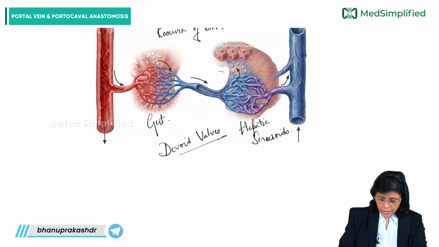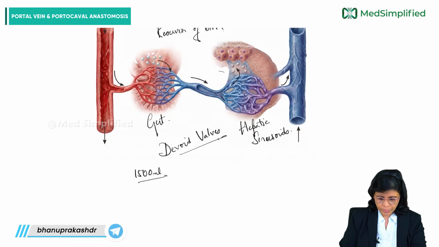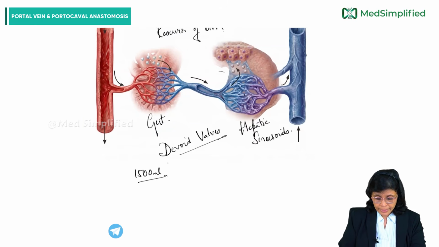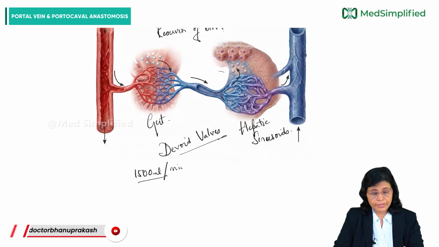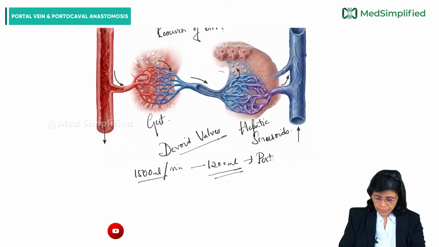Out of the 1500 ml of blood circulating through the liver per minute, about 1200 ml is provided by the portal vein alone, whereas only 300 ml is by the hepatic artery.